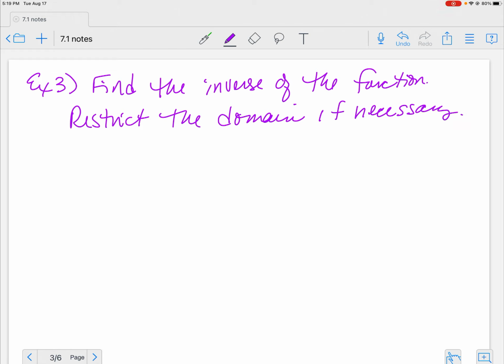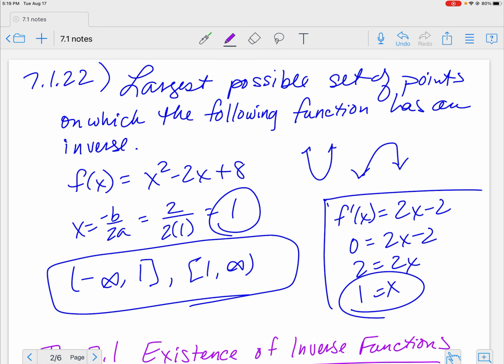Now here's the dealio. When you have an inverse function, what is the largest possible set where you can get an inverse? This whole thing doesn't have an inverse. This part does in particular, because we know this is a parabola going from negative infinity to 1. That is invertible, so I can restrict the domain and just look at this side.